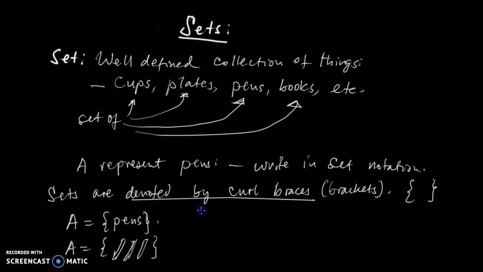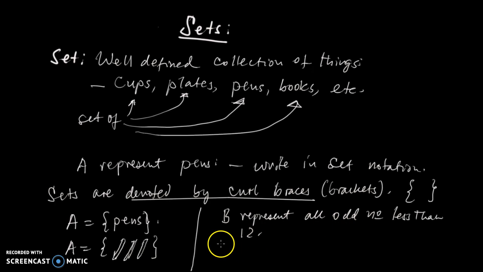So for example, if we talk about maybe odd numbers, B represents all odd numbers less than 12. So in set notation, we write B equal to curly bracket. Now we have to write down all odd numbers.